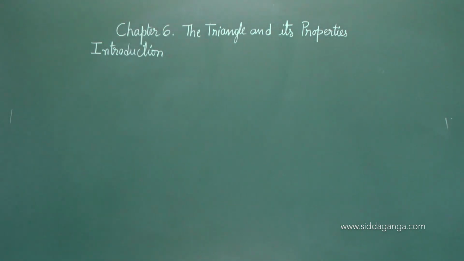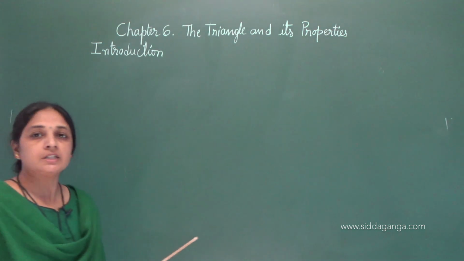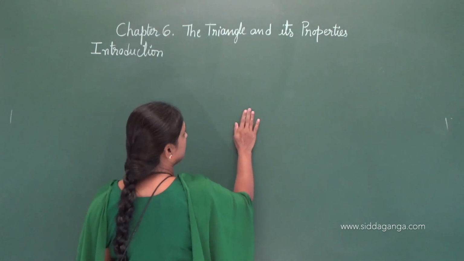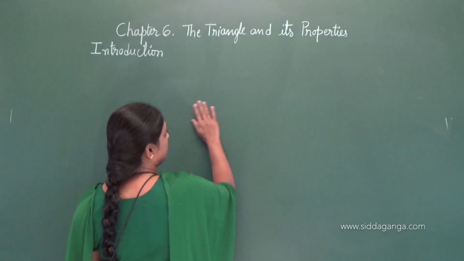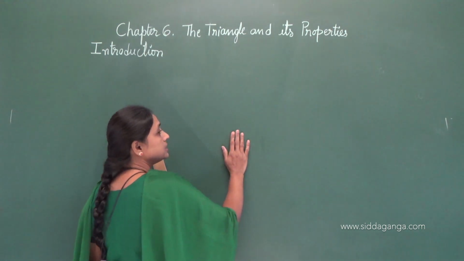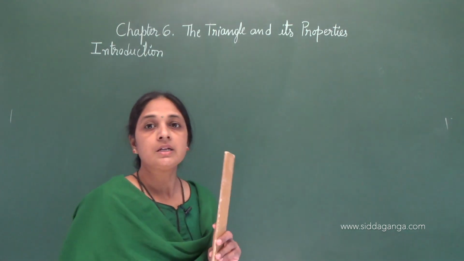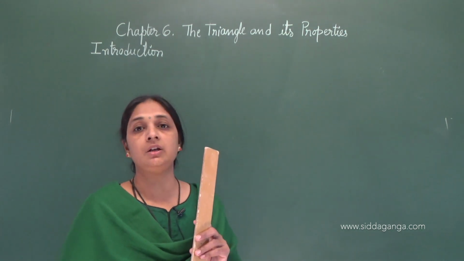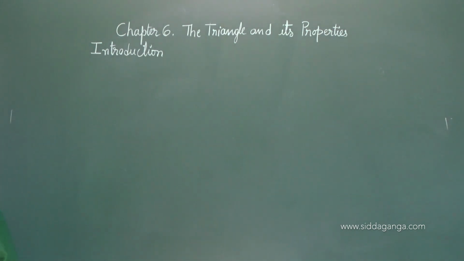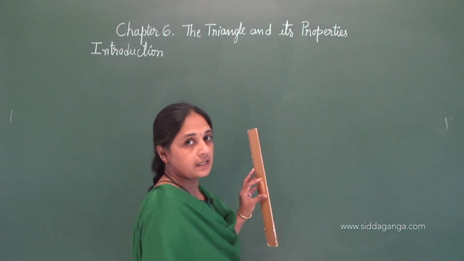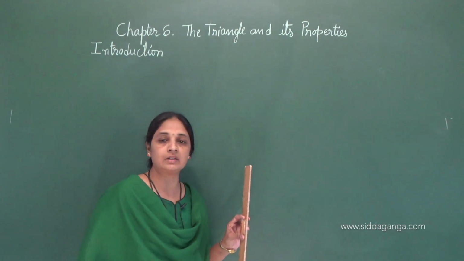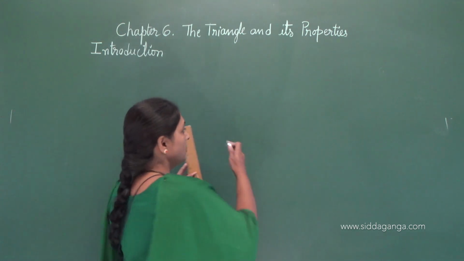So it's a plane figure. Plane figure means there should not be anything, it should be plain like this. It's a plane figure closed with three line segments which are in different directions. So three line segments in different directions, when they cover a figure, we call it a triangle, a plane figure.